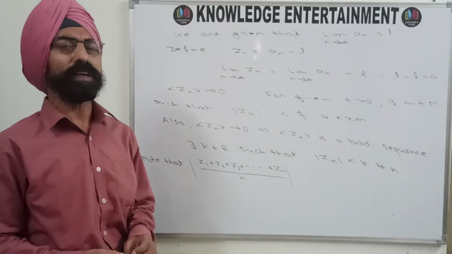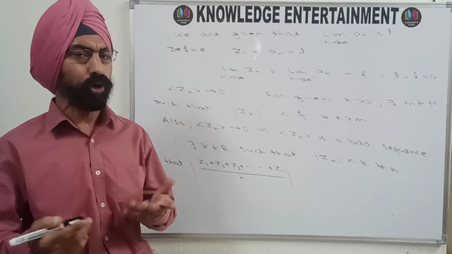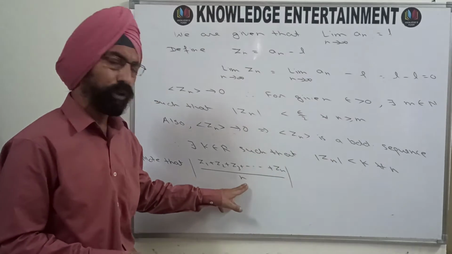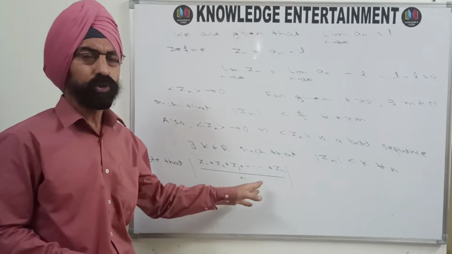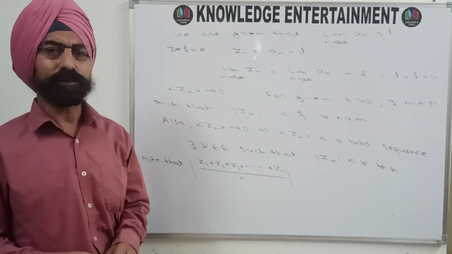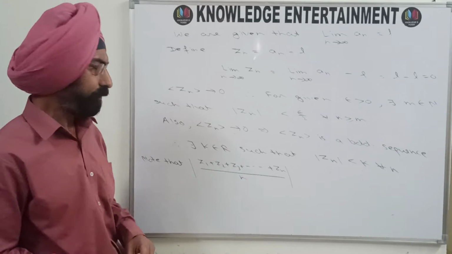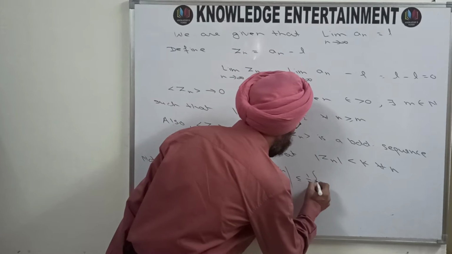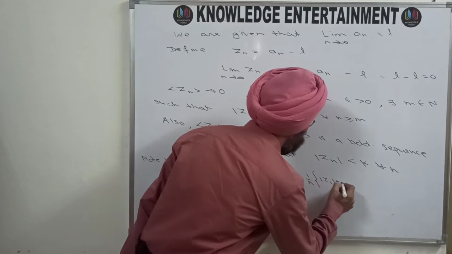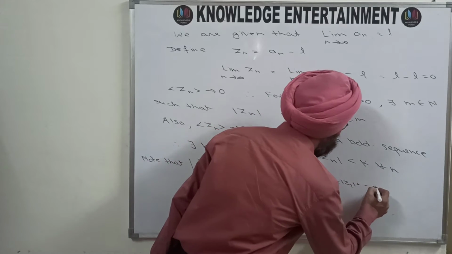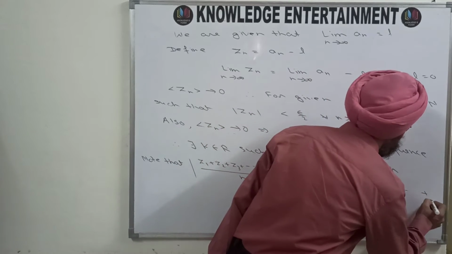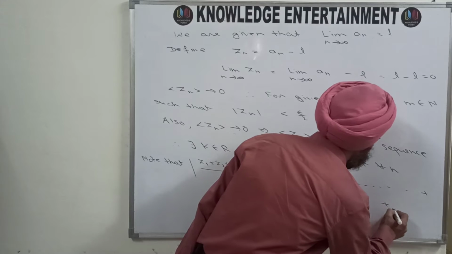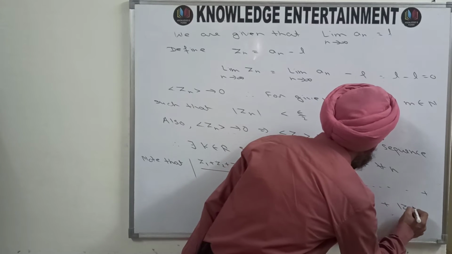We know that mod of A plus B is less than or equal to mod of A plus mod of B, and this n is a positive number because it is a natural number, so it can be taken out from the absolute value, or you can say from the mod. So you can say that this is less than or equal to 1 by n times (mod of Z1 plus mod of Z2 plus and so on, plus mod of Zn).